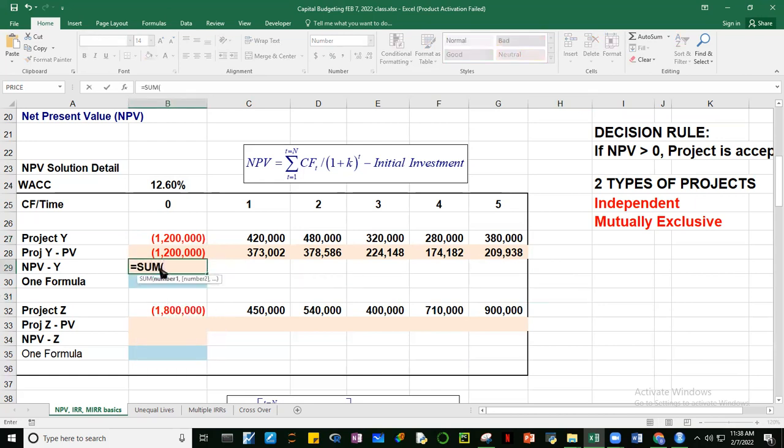It's just the sum of your present values. Okay, pause muna ako guys. So if you have any questions, feel free to chat now.